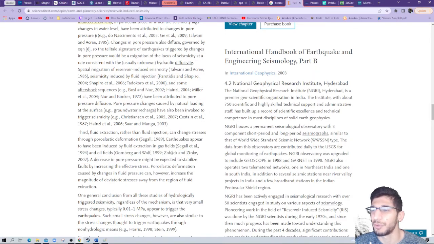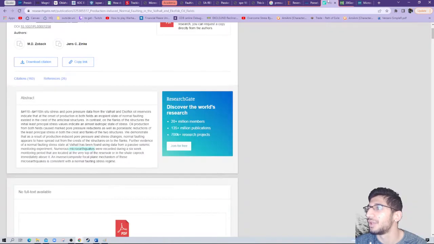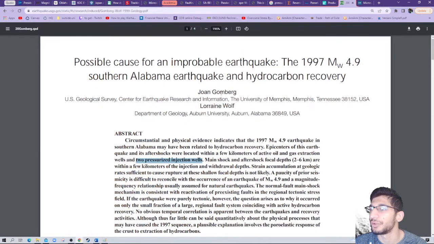So by Gumberg, Wolf, Sobak, and Zinke, right? So here is Gumberg and Wolf, and this is the keyword here. They had injection wells when they were doing their research. I wouldn't trust the research all that much if they did not go into this, and it is quite 2 decades old.